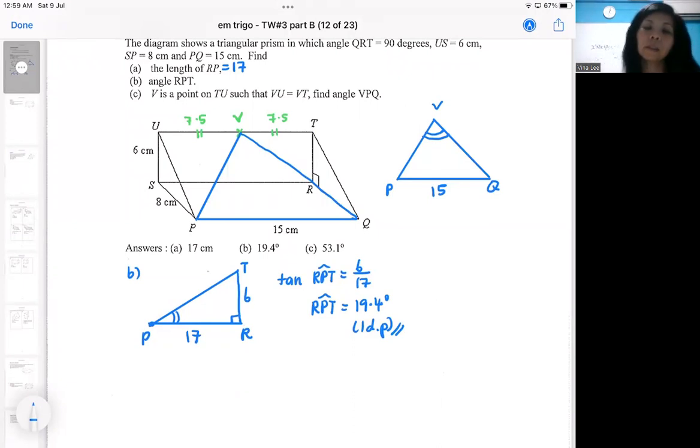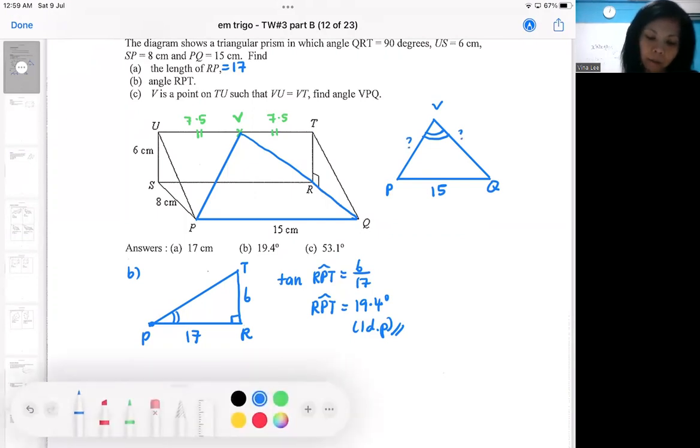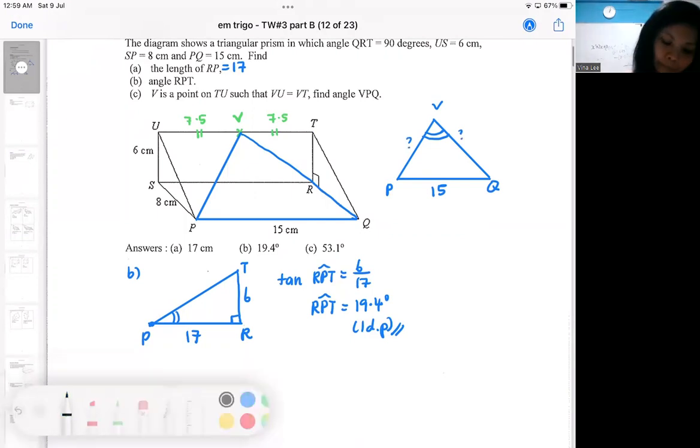Okay, so I'm supposed to find the angle, and it's not the right angle. So you need to think about your sine rule, cosine rule. So of course, you got to find these two lengths first. So these two lengths will be the same. Quite obvious because of the cutting here. Because of the cutting here, this is a 7.5.